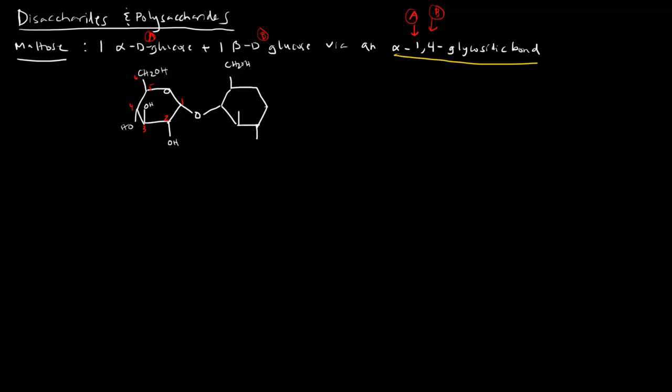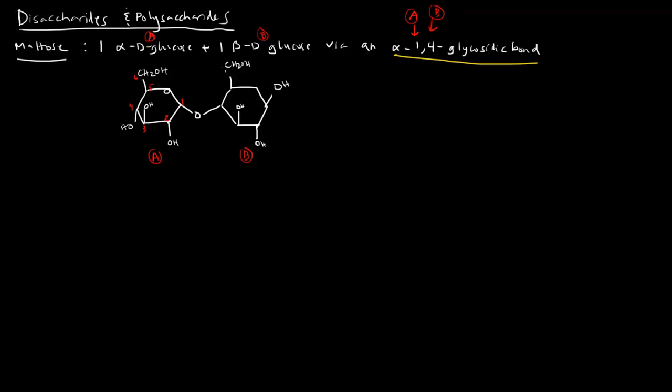This is molecule A, the alpha D glucose, and this is the beta D glucose here. Let me fill in all these OHs. This is a beta D glucose, so the OH on the anomeric carbon is going to be pointing up. So this disaccharide is maltose: 1 alpha D glucose connected to 1 beta D glucose.